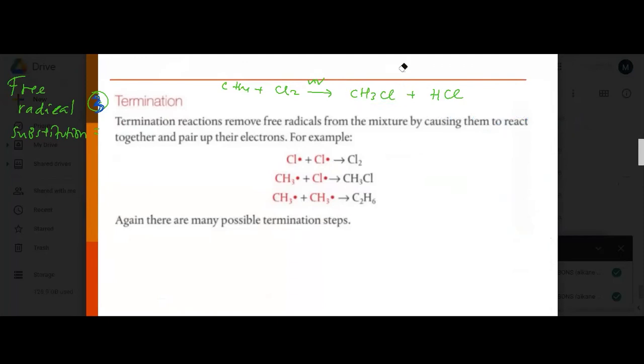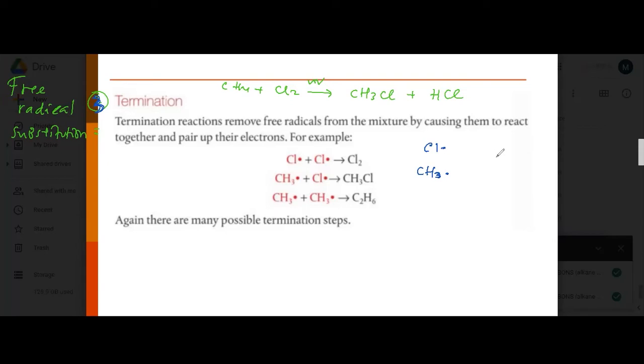Okay, you can see that in halogenation of methane, there are two types of free radical produced, which are the Cl free radical and the CH3 free radical, right? So what are the combinations that can occur during the termination process?